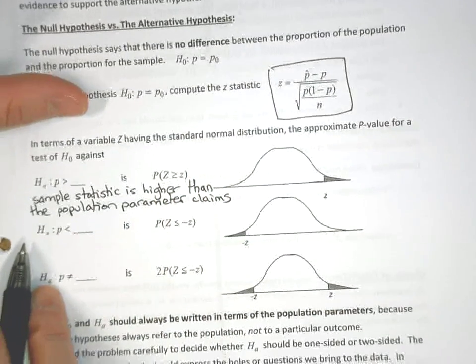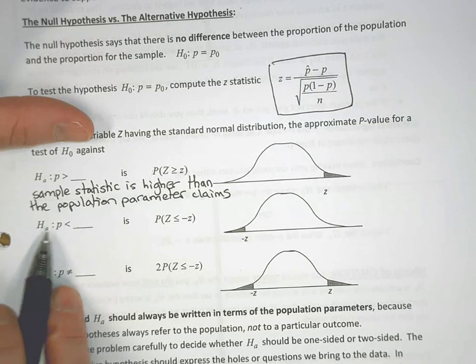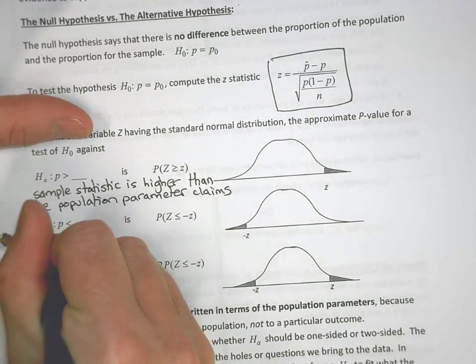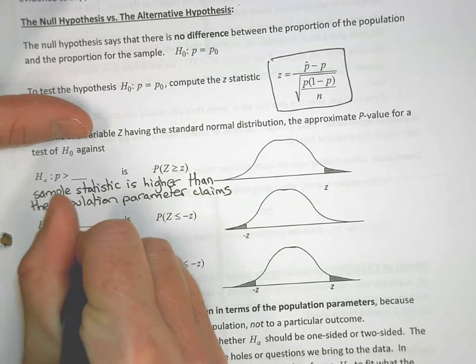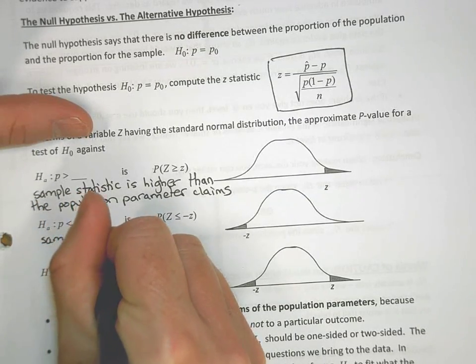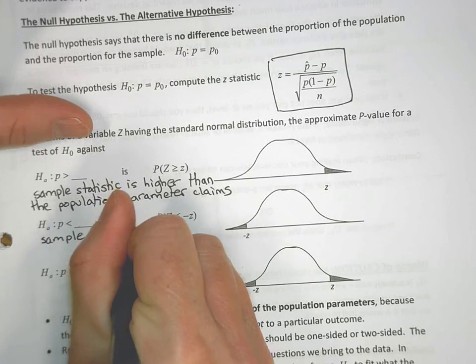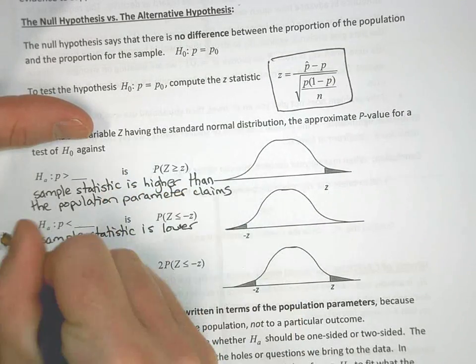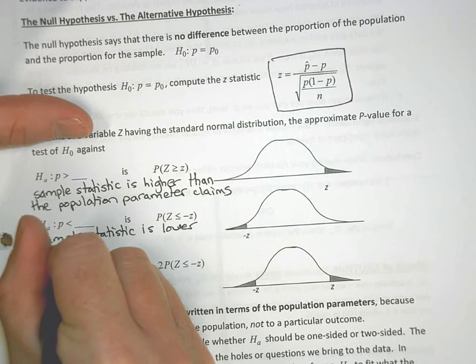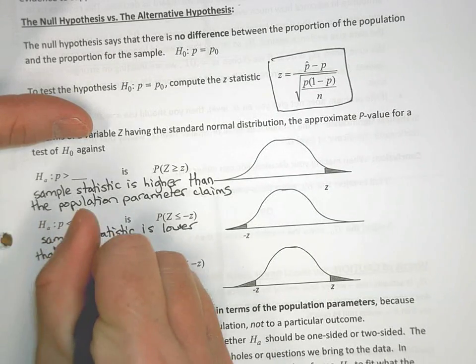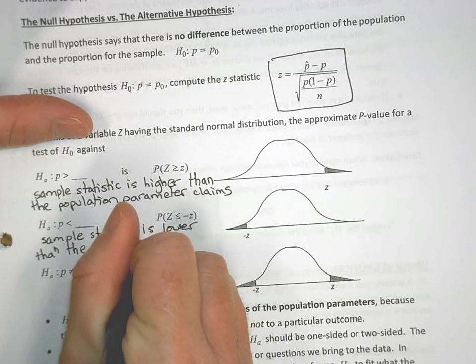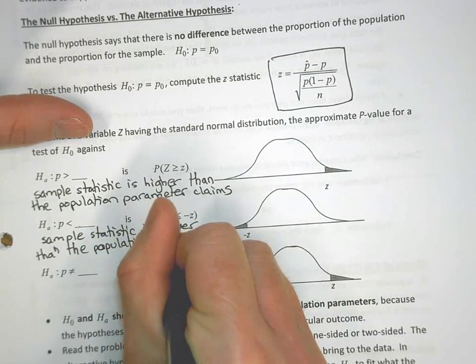If the alternative says that p is lower than, then we're thinking that we're not getting enough of something, just like in the green Skittles. The sample statistic is lower than the population parameter claims.